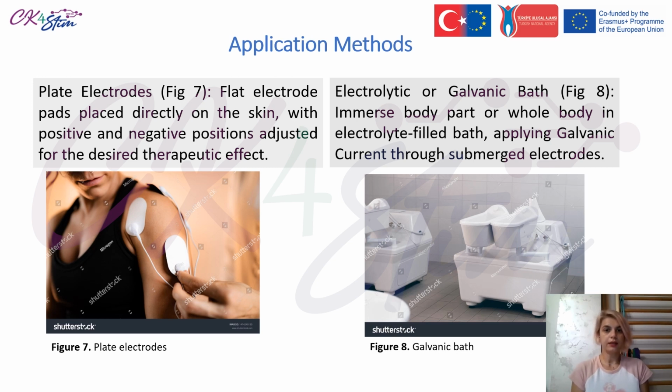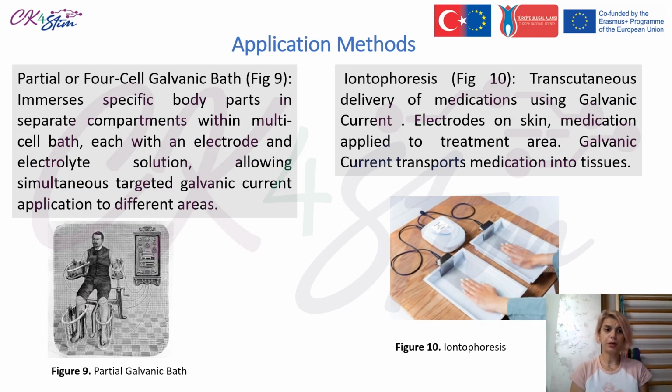The electrolytic galvanic bath immerses the body part or the whole body in the electrolyte bath and applies galvanic current through submerged electrodes. A partial four-cell galvanic bath also immerses specific body parts in separate compartments.